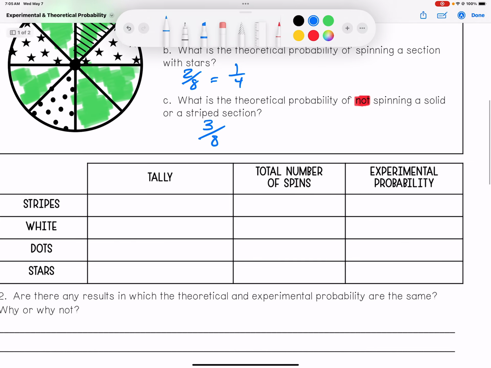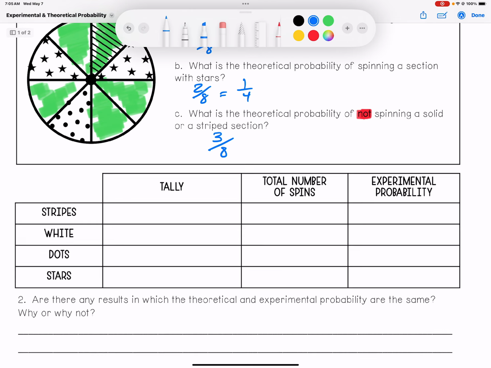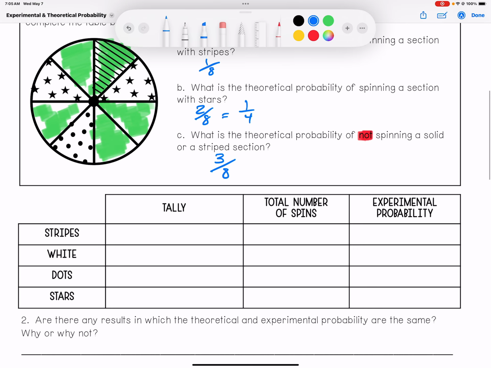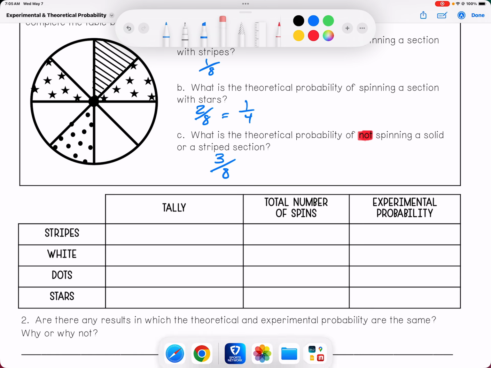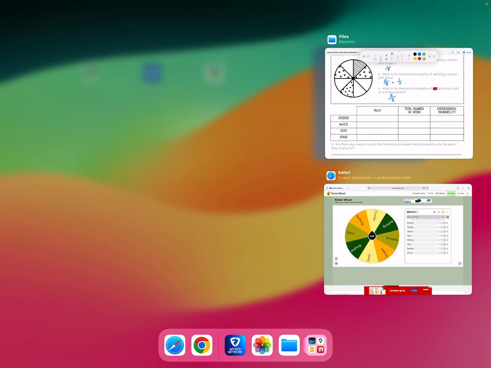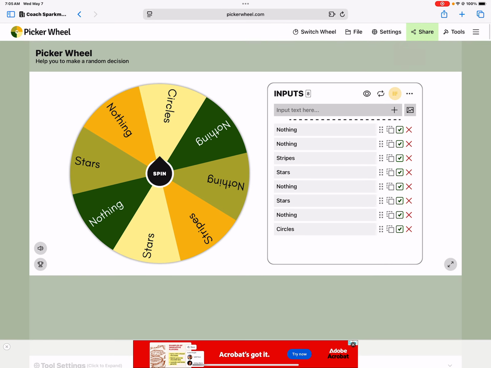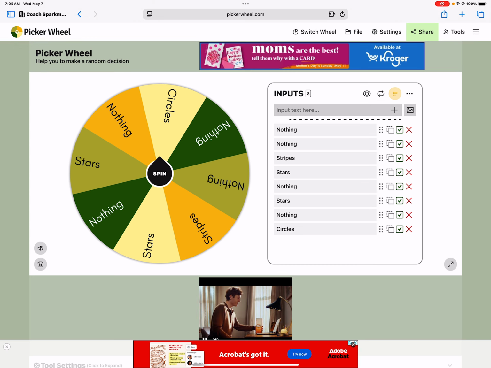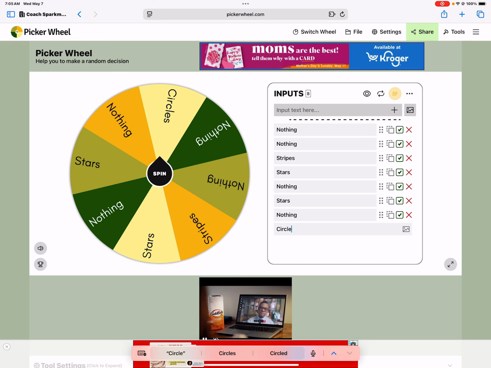All right. White dots, stars. All right, so let me change some of my names. Circles are called dots.